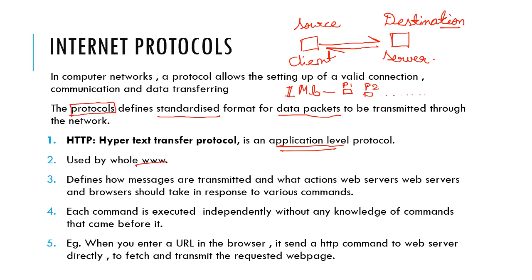So there are various commands like, bring me this file. As I mentioned in previous video lectures, you write www.google.com. So you have requested the home page of google.com. You are a client over here, and you have requested the web server of Google.